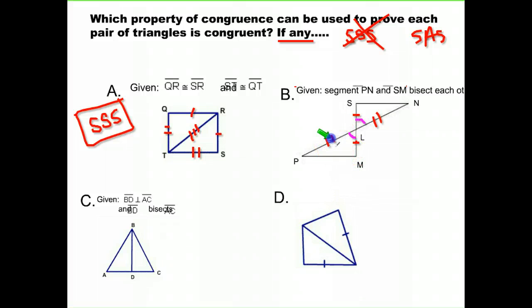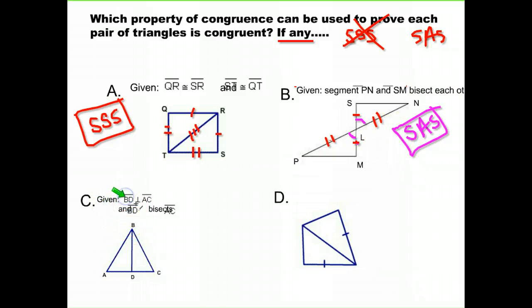Now, notice I have a side, and an angle between it in this triangle congruent to a side, and the angle between them in this triangle, which is side, angle, side. So yes, I can prove, using the given information and my properties of geometry, that those 2 triangles are congruent by side, angle, side.